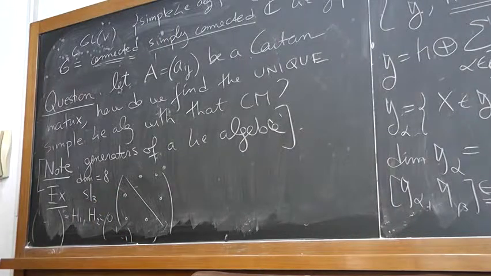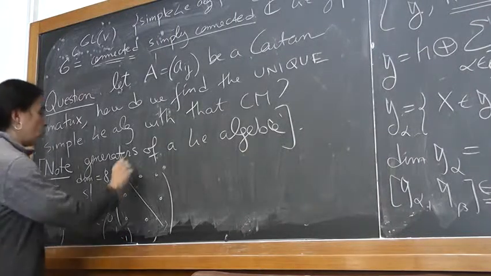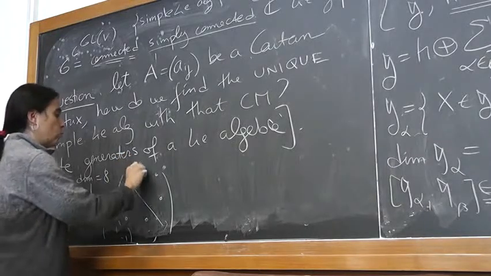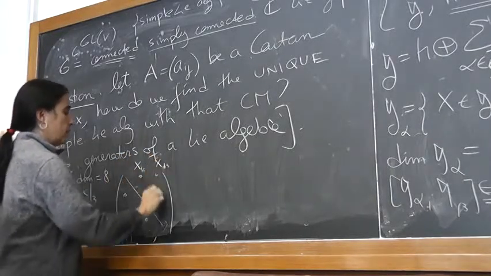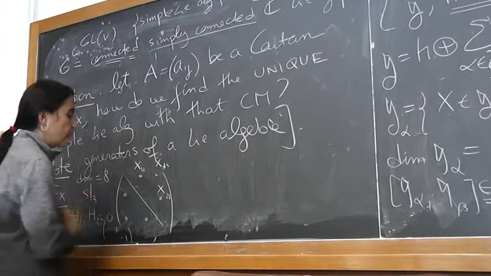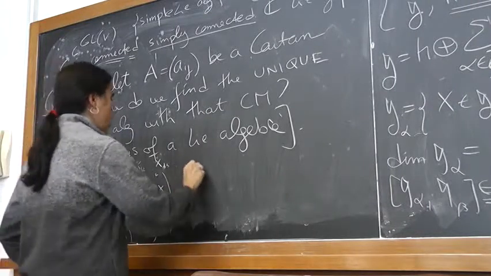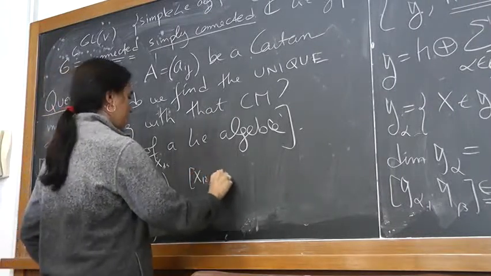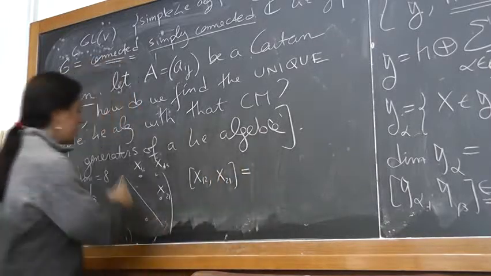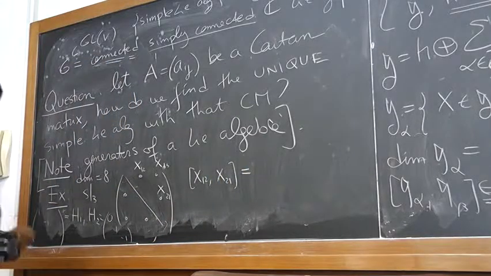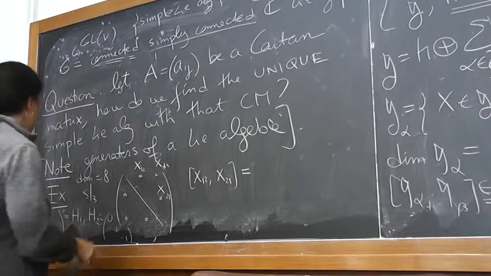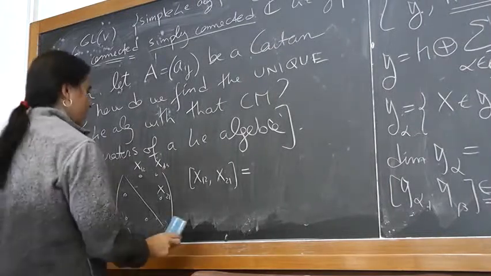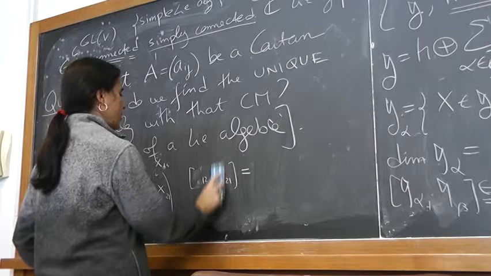Now observe though that if you take, say you call this generator x12, x13, x21, if you take the bracket of x12, x21, what is the bracket of these two elements? Actually this is where we're saying obvious things. You didn't miss anything.